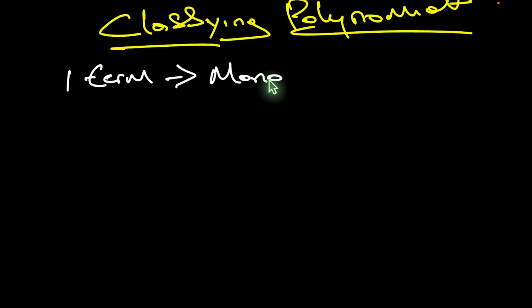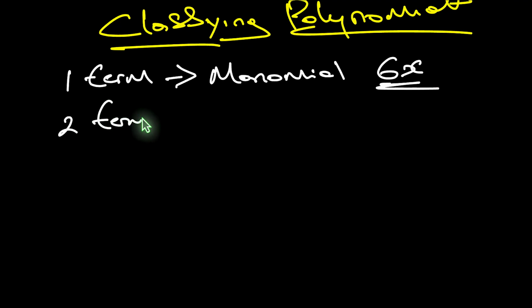So if we have one term, then believe it or not, there's something called a monomial. I don't know if I've said that correctly. So that's an example. So 6x. Let's say we have two terms within our expression. So it could be something like x squared minus 9, something like that, for instance.